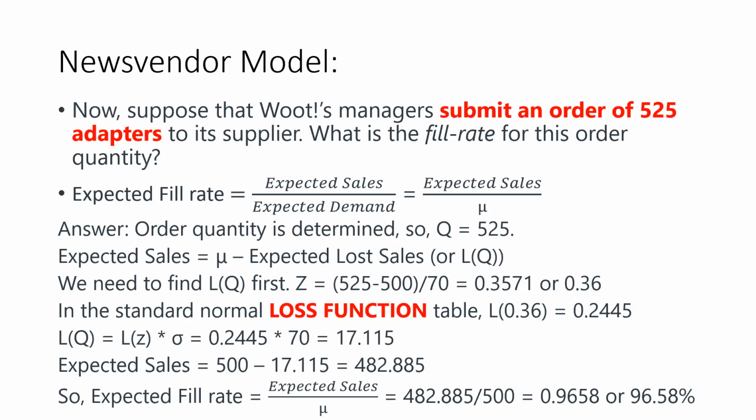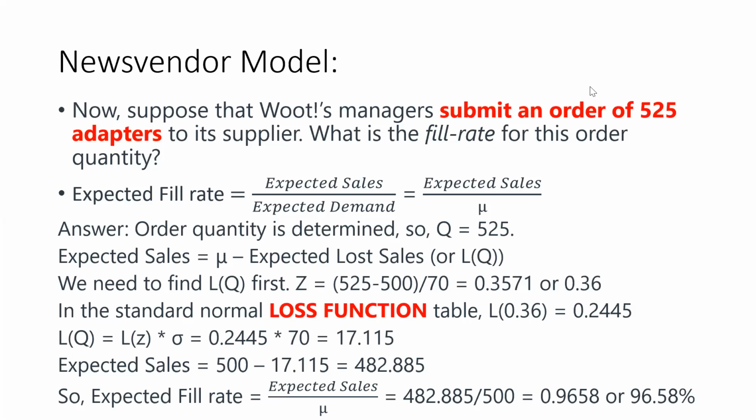That's just one of those formulas we have to memorize. And then that gives you Z, and then you find that Z value in the loss function table to give you your expected losses. So we're just rearranging the equation. Yeah, that's all we're doing. Okay, thank you.